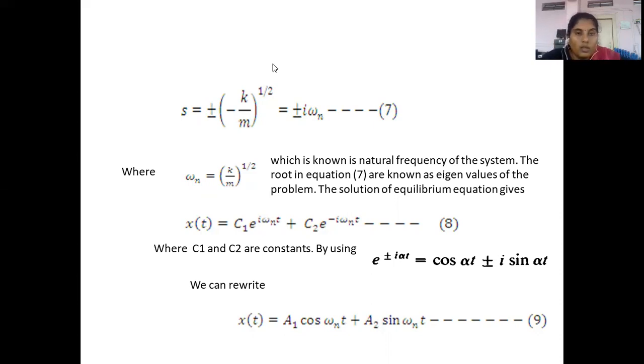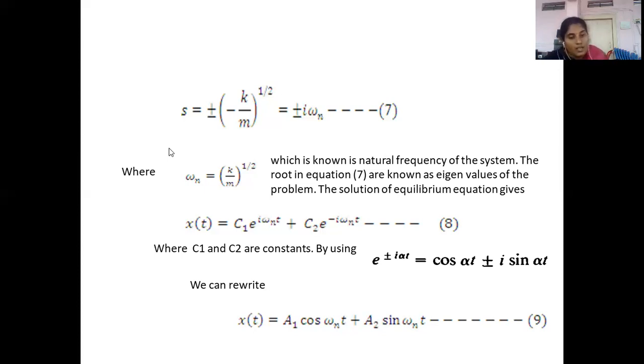So e raised to plus or minus i alpha t is equal to cos alpha t plus or minus i sin alpha t.